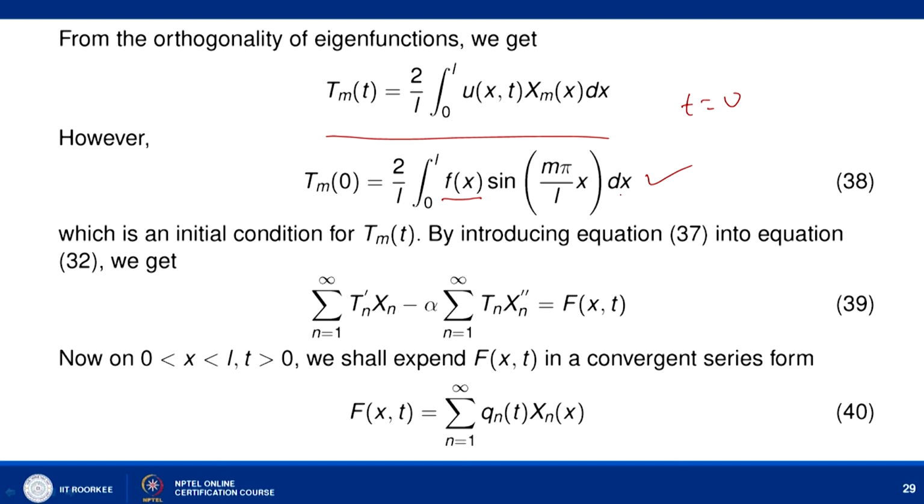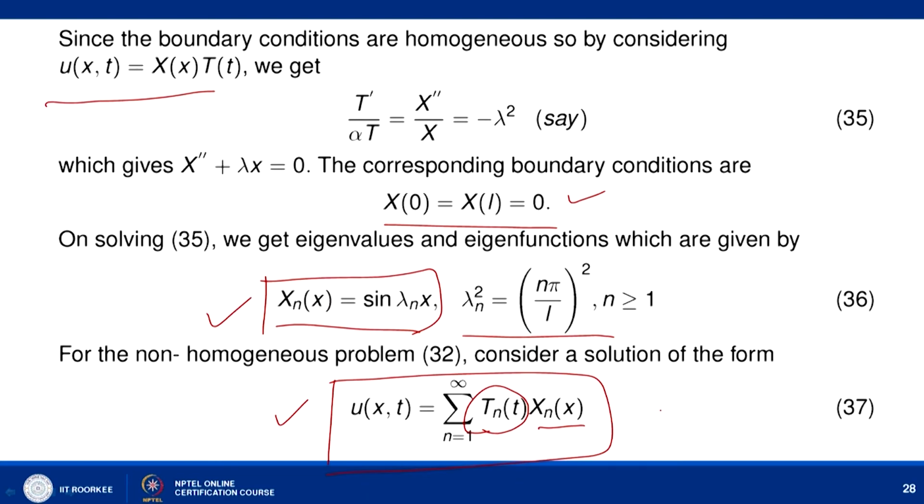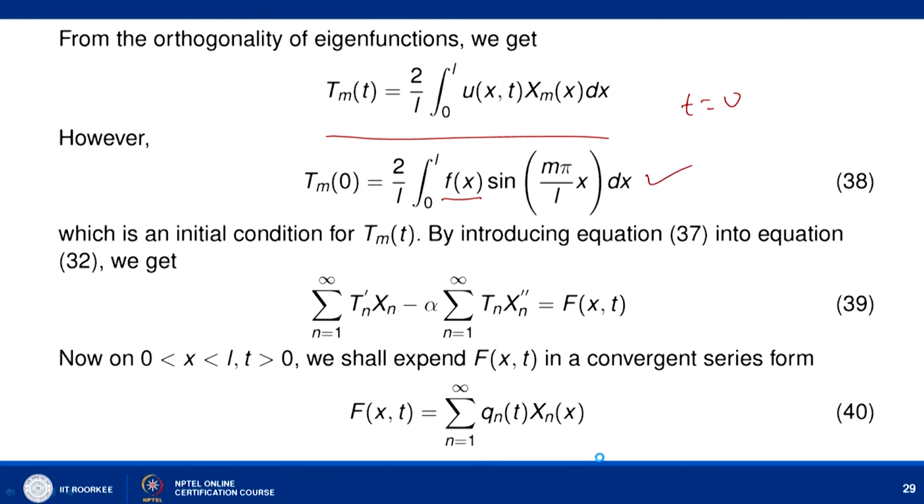So, now by putting this expression number 37 into our equation, we can write our equation as sum n equal to 1 to infinity T_n'(t) X_n(x) minus alpha sum n equal to 1 to infinity T_n(t) X_n''(x) equal to f(x,t). So, this is what our equation is, u_t equal to alpha u_xx.